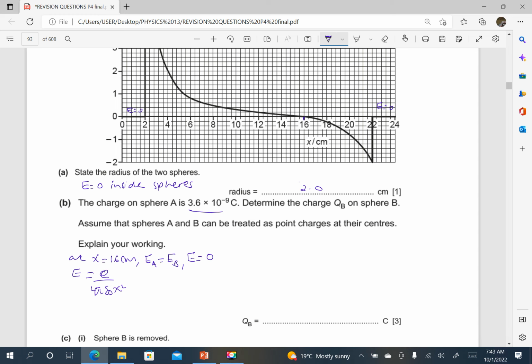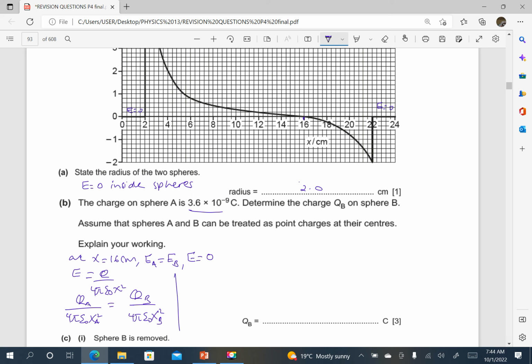For sphere A, it will be the charge of sphere A divided by 4 pi epsilon naught times the distance of sphere A, which I will call XA, squared, which is 16. This should be equal to the charge of sphere B divided by 4 pi epsilon naught times the distance of sphere B from that point, which is going to be 24 minus 16.